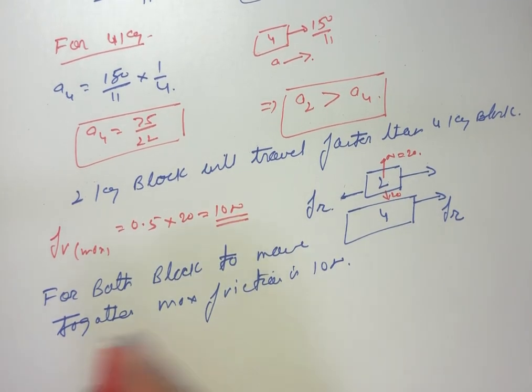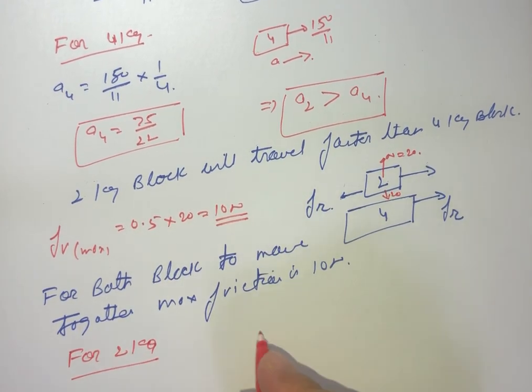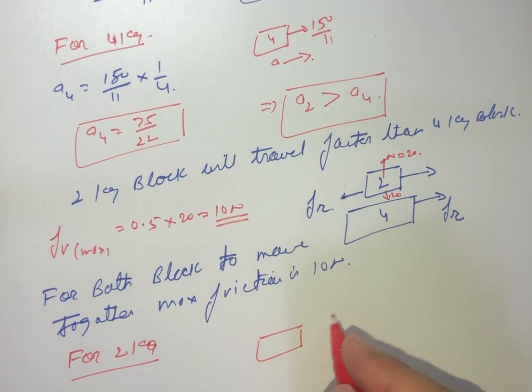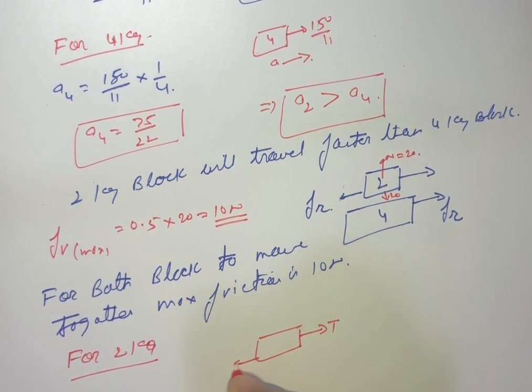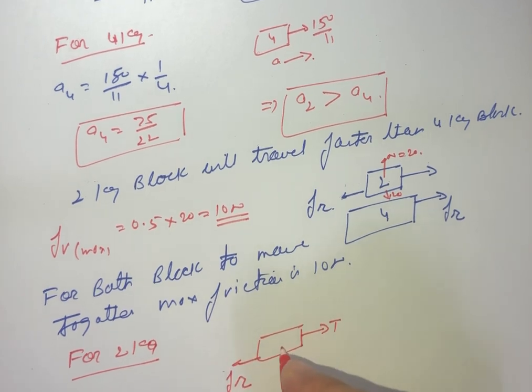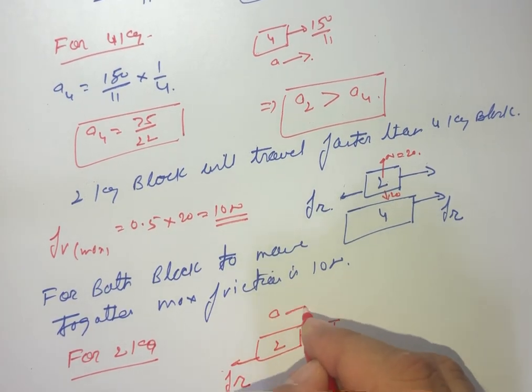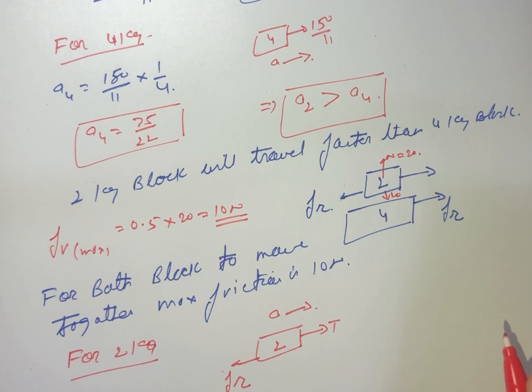So we use the 2 kg block. We have a force of T, and let us suppose this is Fr, with acceleration in this direction.